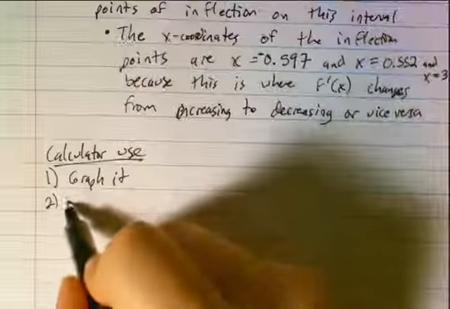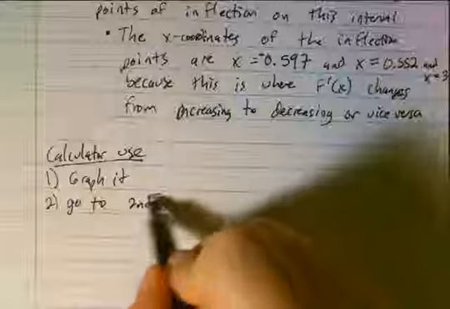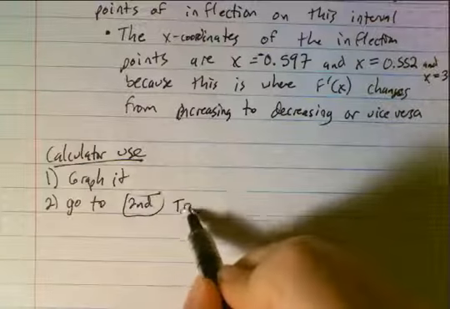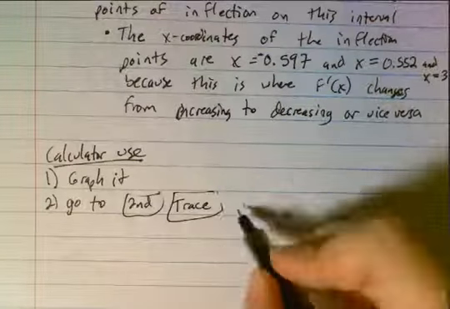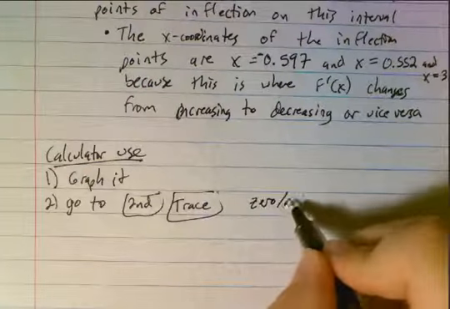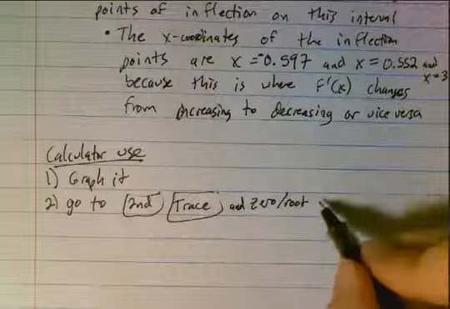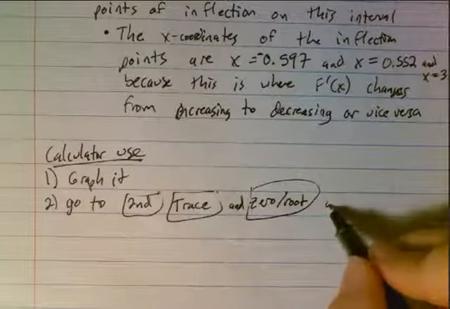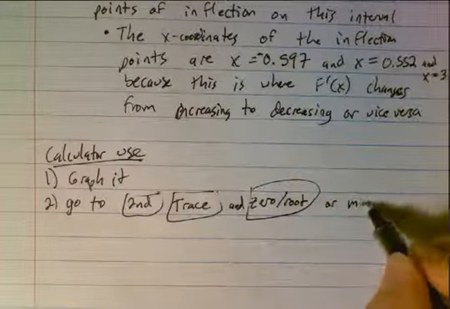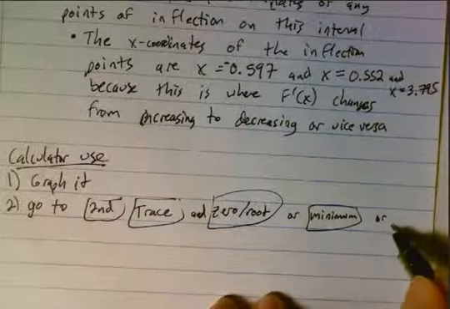First we got to graph it, then we go to second, trace, and 0, or minimum, or maximum.